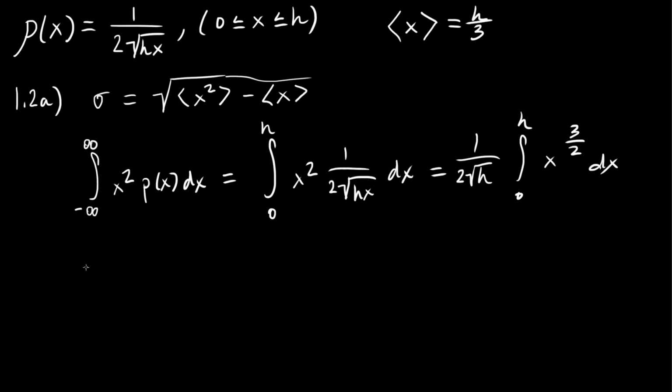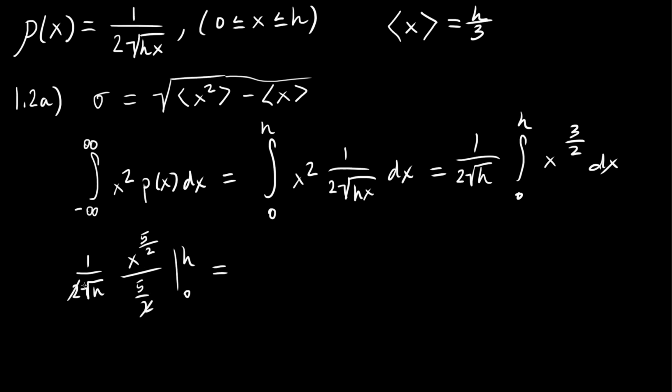Taking the integral of this becomes 1 over 2 square root of h. We have to add 1 to the exponent, so it's x to the 5 over 2, over 5 over 2, from 0 to h.